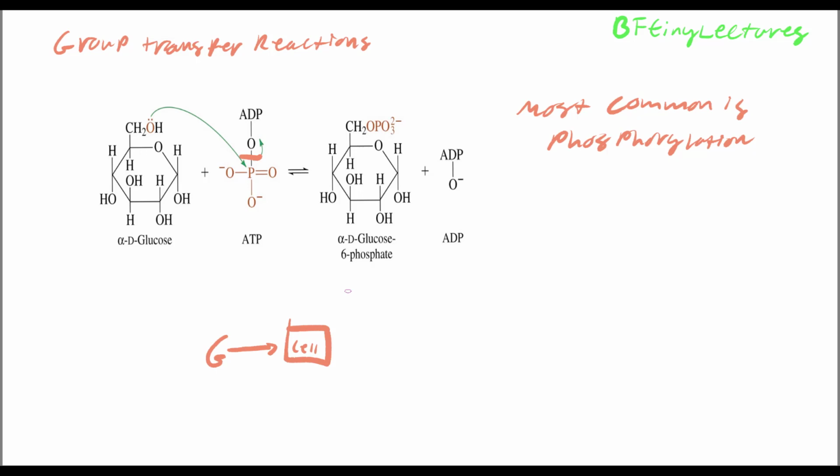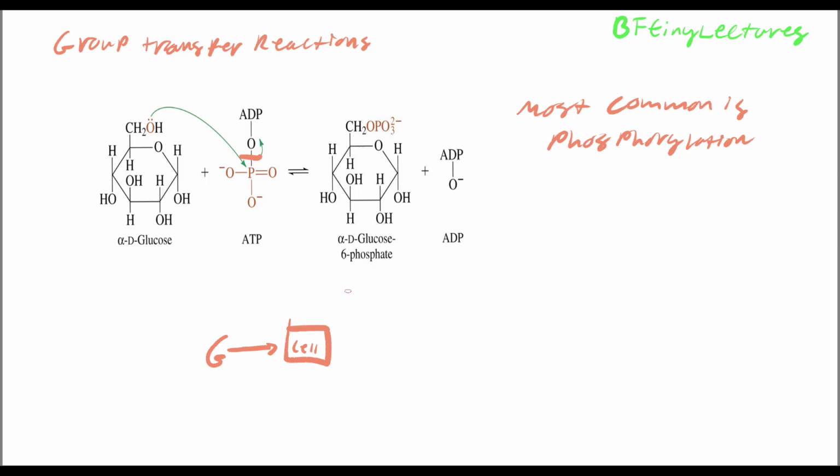You don't want that. So we phosphorylate the glucose in order to keep the glucose inside the cells for us to use the glucose for metabolic pathways. So that's pretty common. It's usually tested. So just know that group transfer reactions, you're just essentially adding a group onto a different molecule. The most common group transfer reaction is phosphorylation.